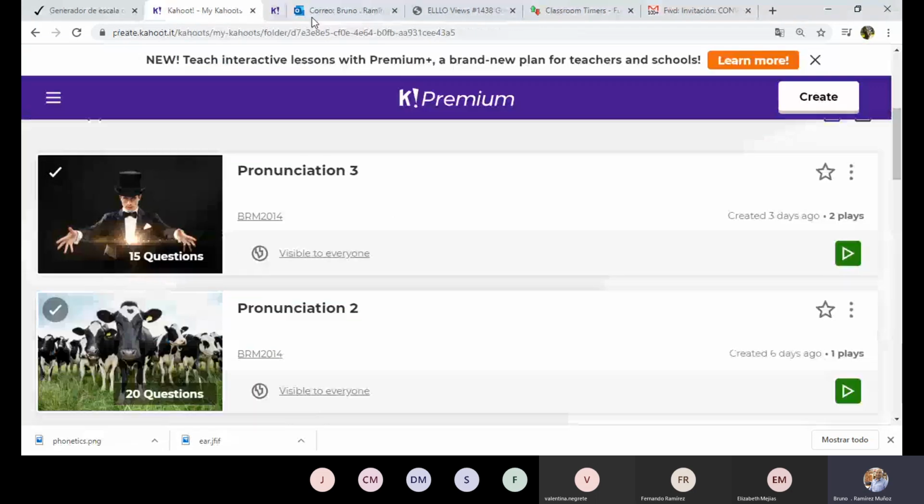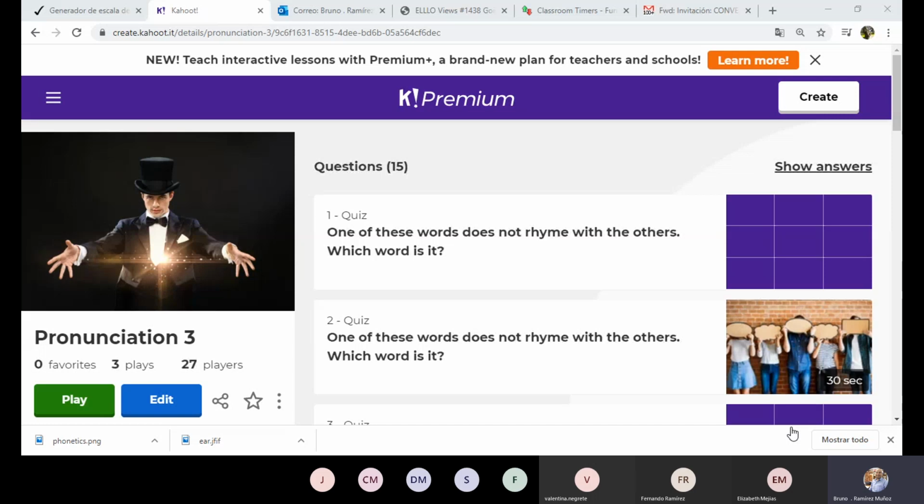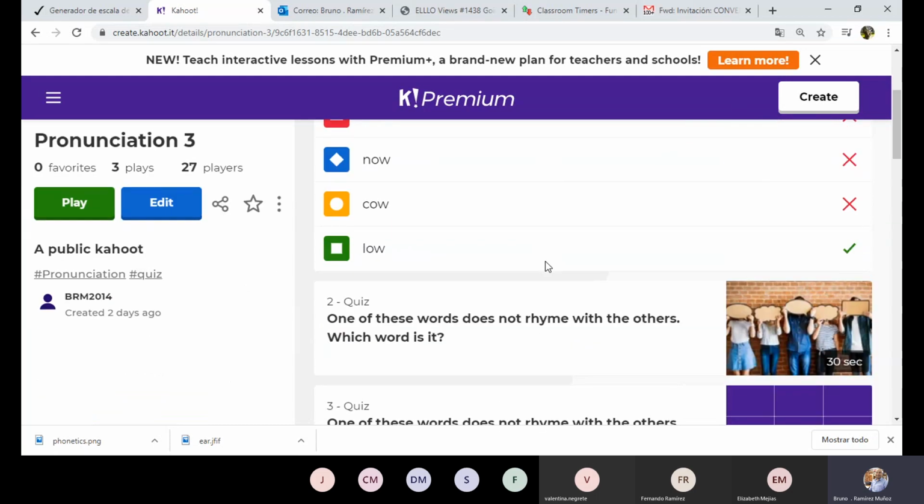Any questions? You will get it if you pay attention. Do you have any questions or comments, for example, about this question? Sorry.